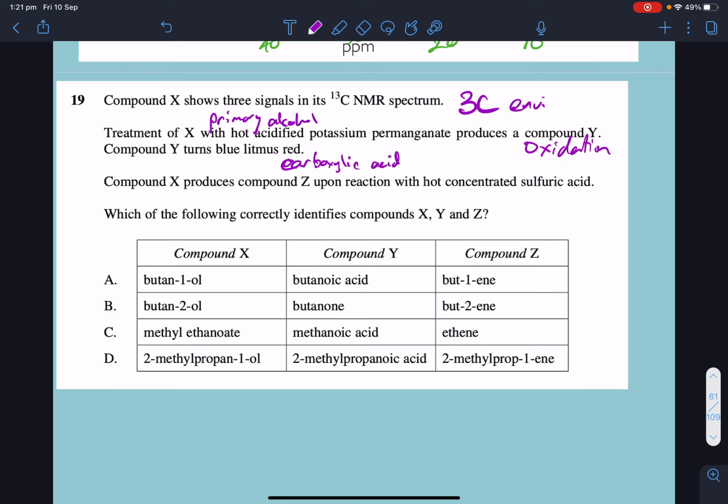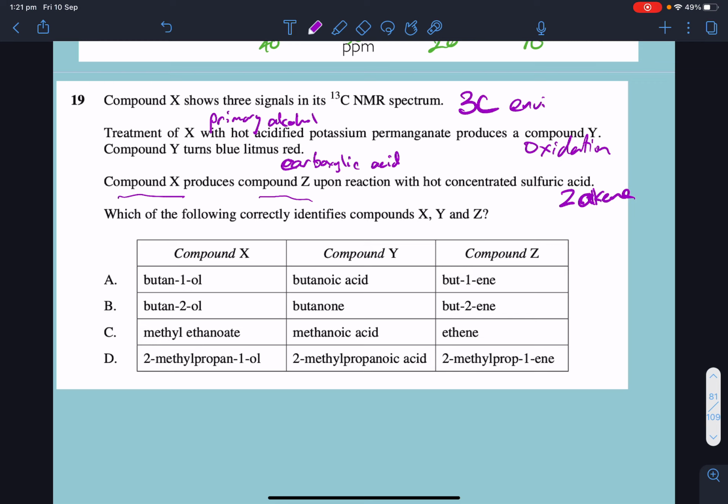Compound X produces compound Z on reaction with hot concentrated sulfuric acid. So we can dehydrate it, and Z is an alkene. Which of the following identifies X, Y, and Z?